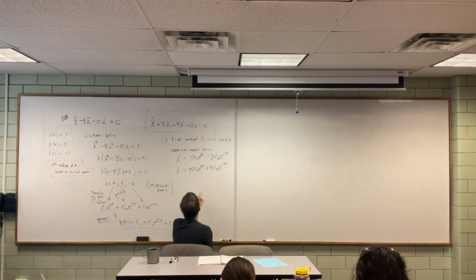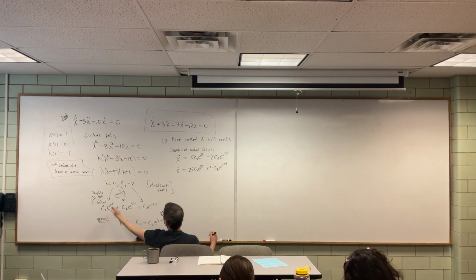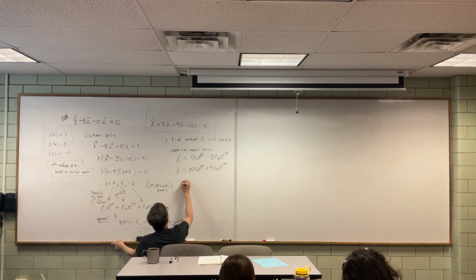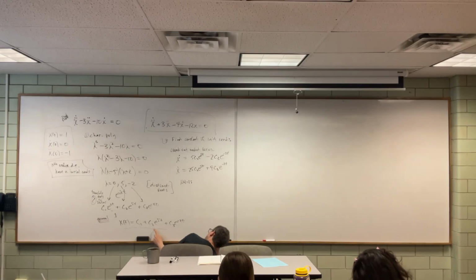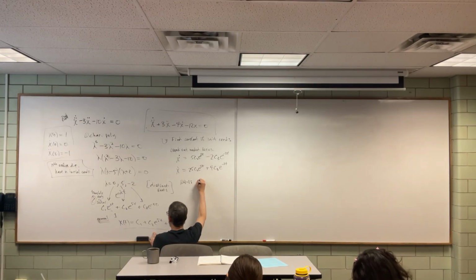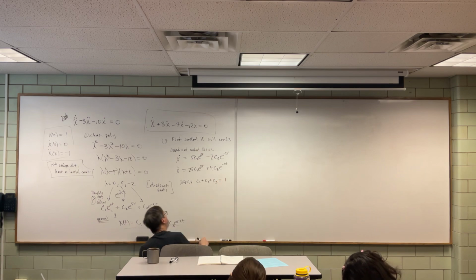Cool, all right. So now plug in the initial values. x at 0 equals 1 means that when I put t equals 0 in, I'm going to get c1 plus c2 plus c3 equals 1.